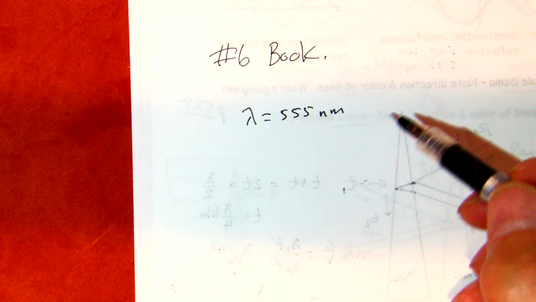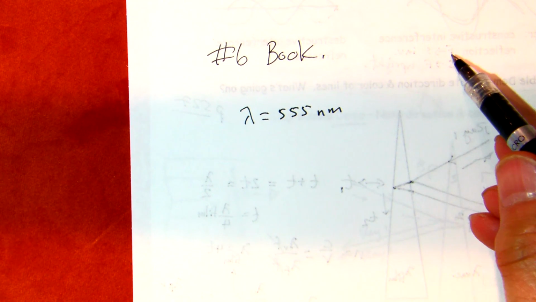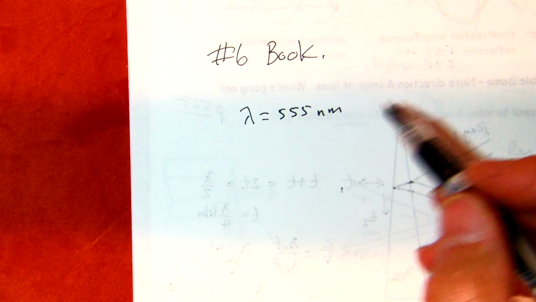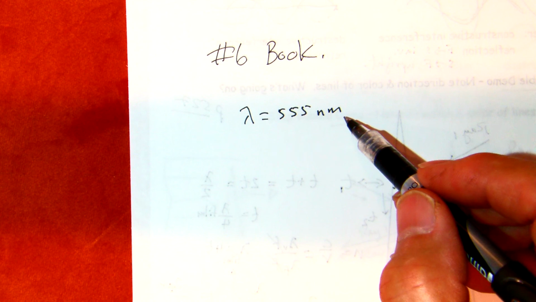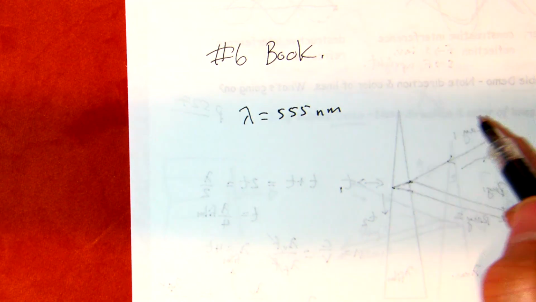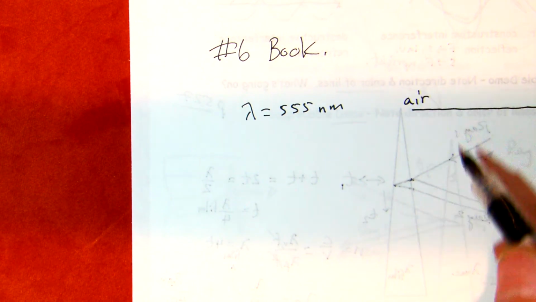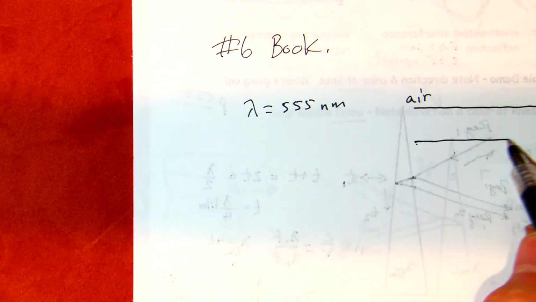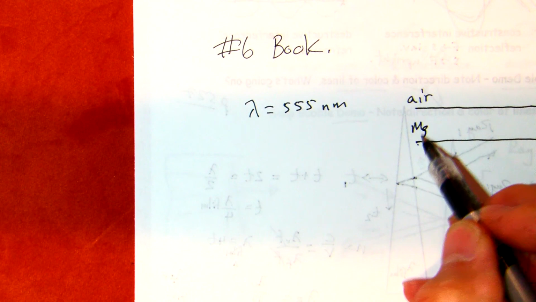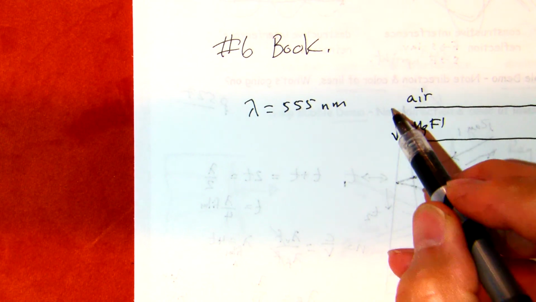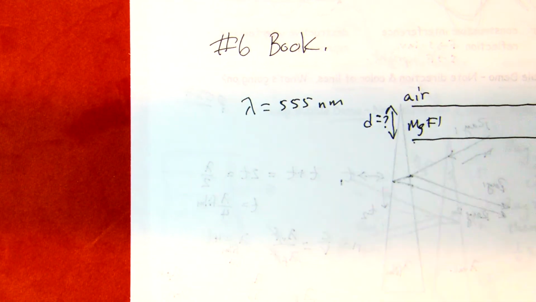Okay, the example that I showed you, we had constructive interference, right? Here we want destructive interference. So in other words, we want these to cancel each other out. So if we've got this situation, here is air, here is my magnesium fluoride coating, and it's some thickness, we don't know what, that's what they want us to find.